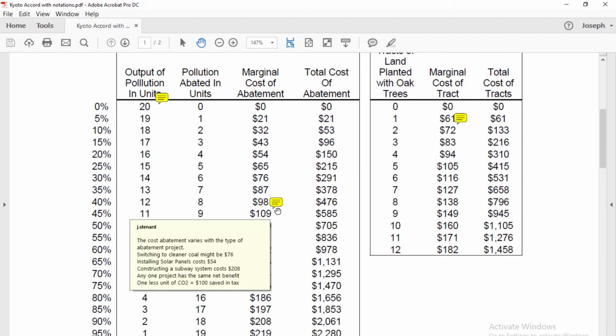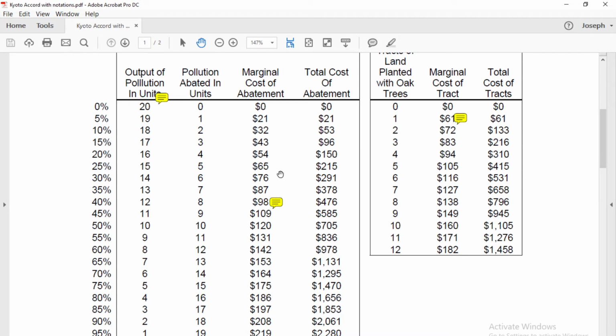However, there's this constraint that they only have to take care of 10 excess permits. If they do 8 abatements and 4 trees, then they're actually taking care of 12 problems, and they only need to take care of 10 problems.